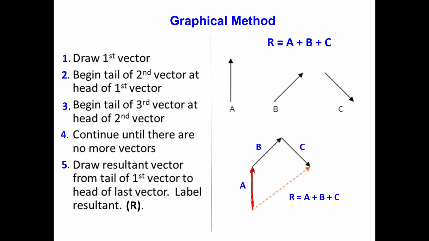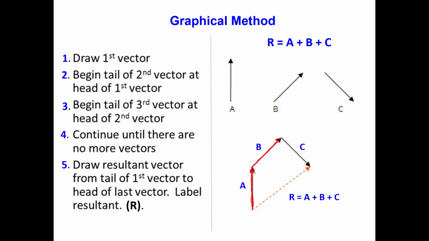This point, we will start on the head of the first vector. We don't change the direction, we don't change anything, we just draw the same vector we had here.